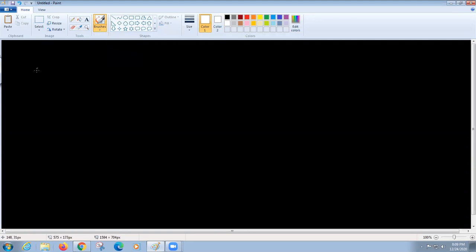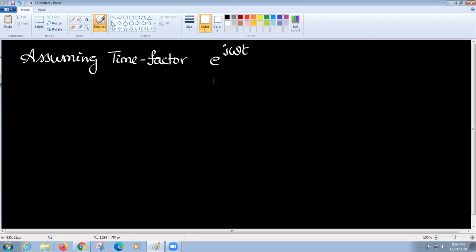So we will assume the time factor to maintain the harmonic nature. I can assume e power j omega t, or I can also assume e power negative j omega t. I'll assume the time factor e power j omega t.